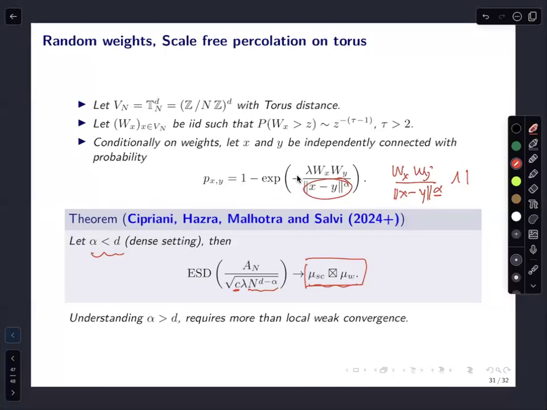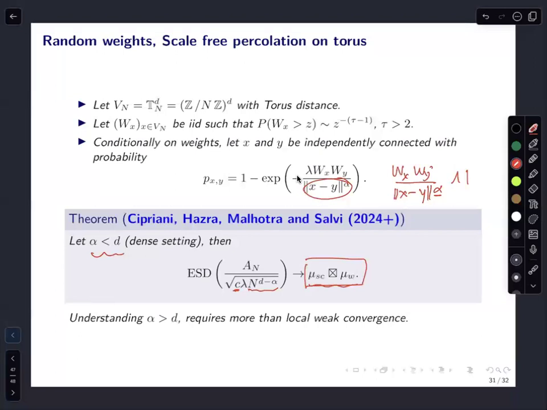The harder question is what happens when alpha is greater than d, because the scale-free percolation on a torus locally weakly converges to a scale-free percolation on Z^d. And scale-free percolation on Z^d is an equally difficult object in terms of understanding the adjacency matrix.